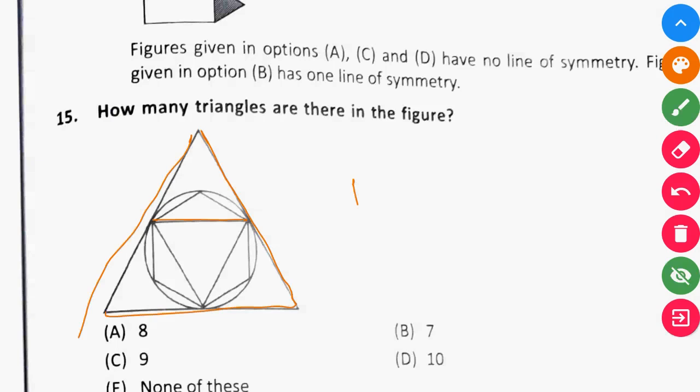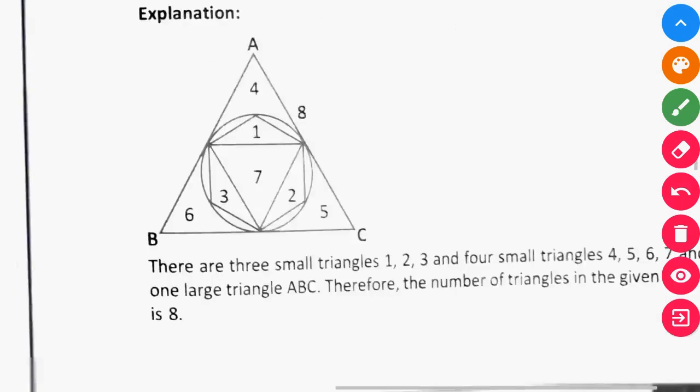Then inside the big one there is a small one, 2, 3, 4 and 5. Now again the smaller ones are there, 6, 7 and 8. Now is there any more triangle inside the figure? No. So our answer is 8. Okay.